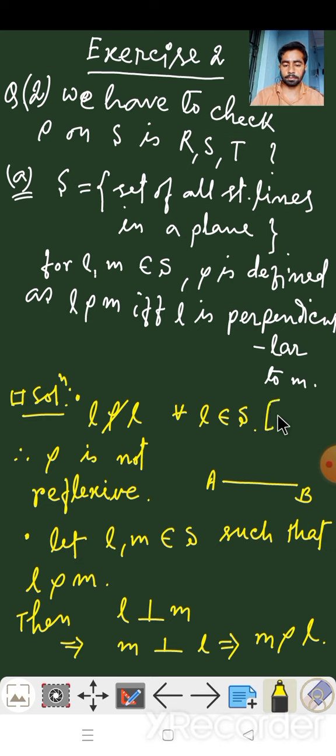Here we can conclude that l is not perpendicular to l, and therefore rho is not reflexive. But we can see here that rho is symmetric. Rho is a symmetric relation, as l is related to m implies that m is related to l.